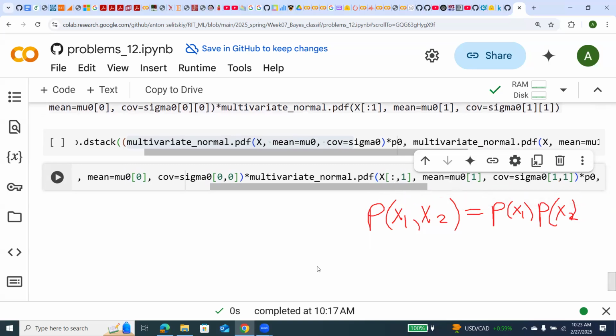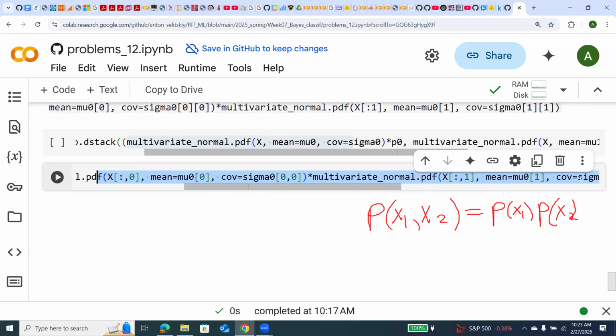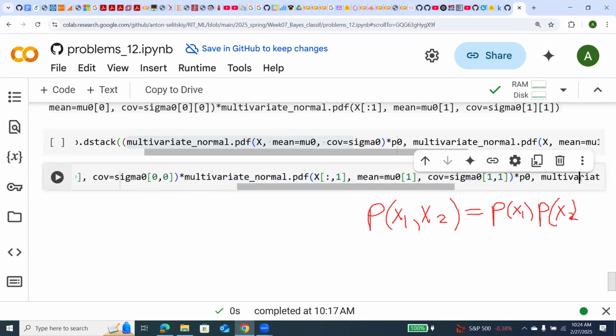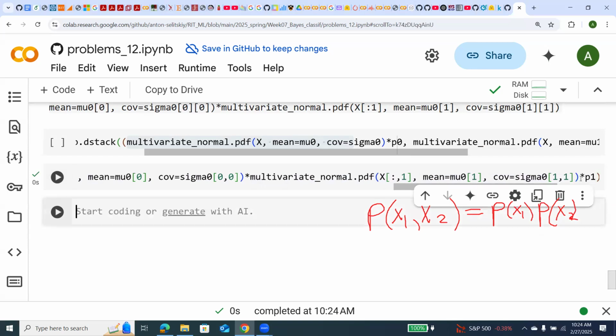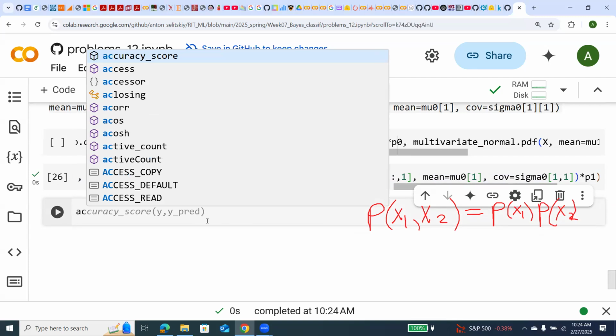Now I will do the same, I will just copy paste this to our second term with multiplication by the probability of the second class. And now we can calculate the accuracy score.